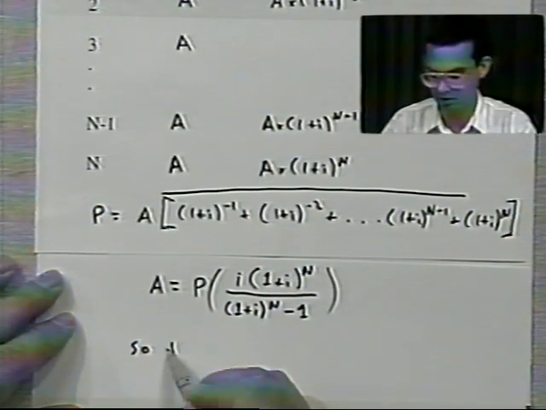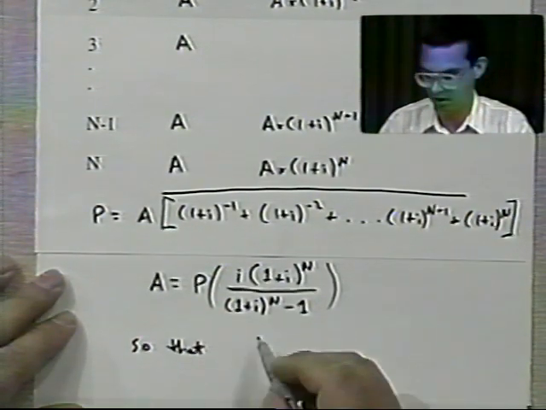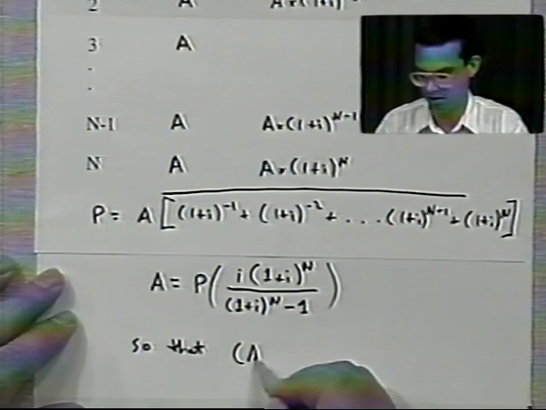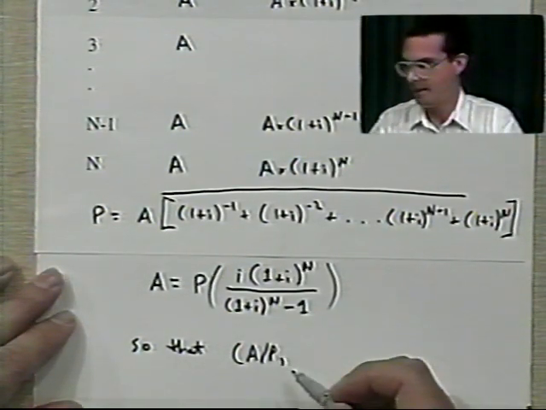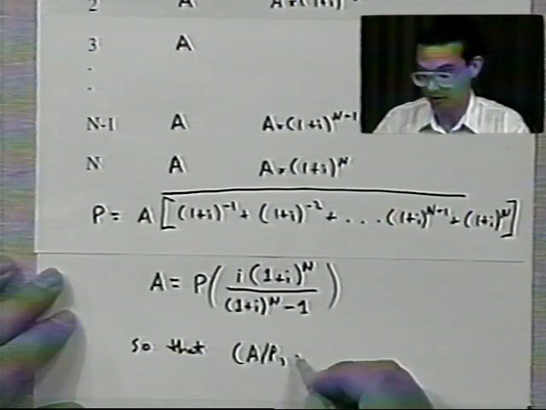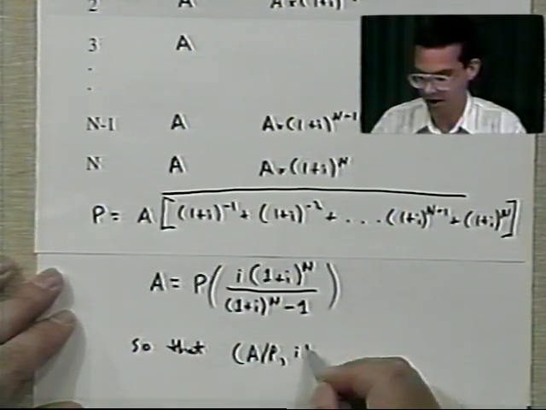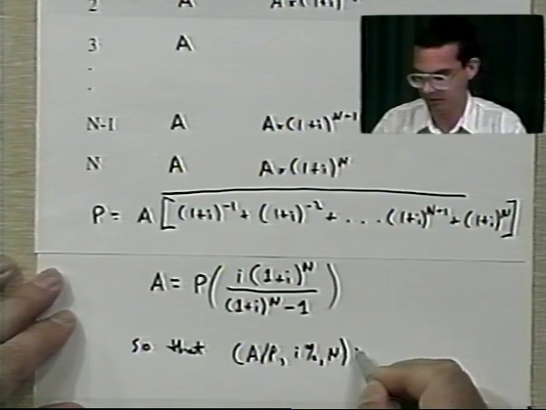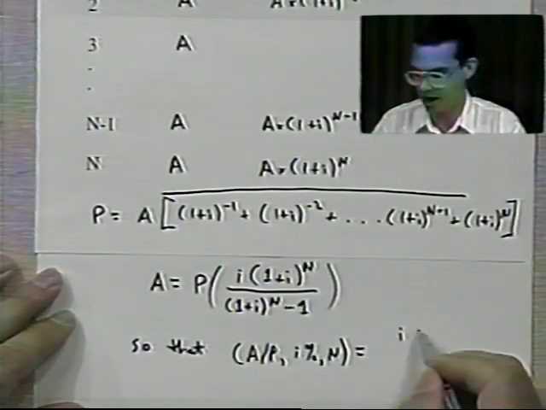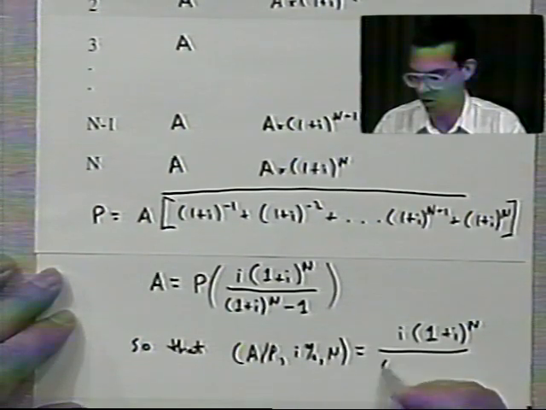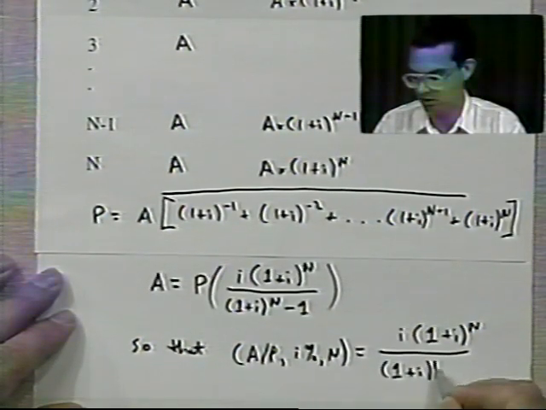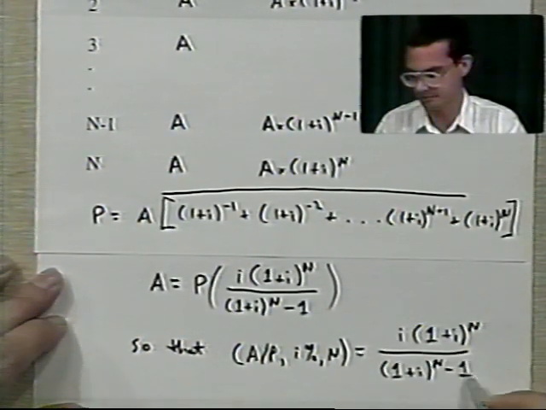So that is the capital recovery factor, A/P, i%, capital N, which is equal to this part, the i times (1 plus i) to the capital N over (1 plus i) to the capital N minus 1.